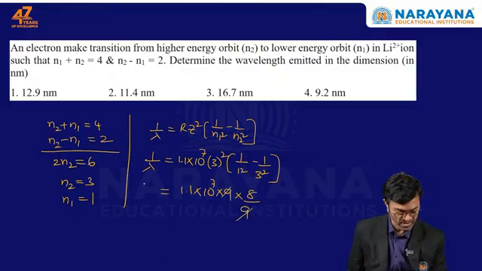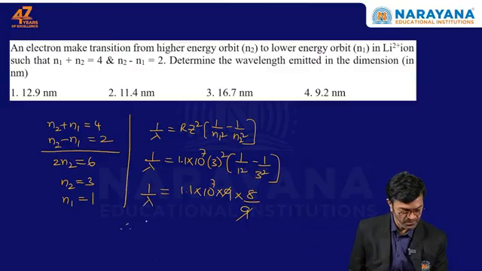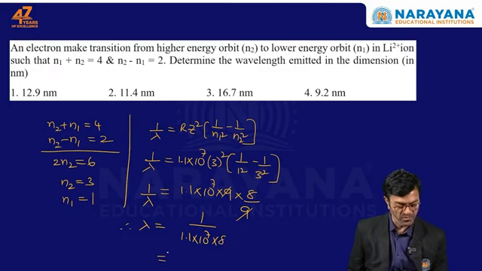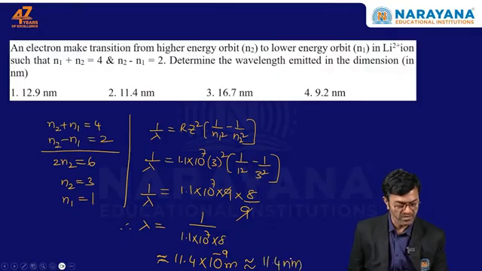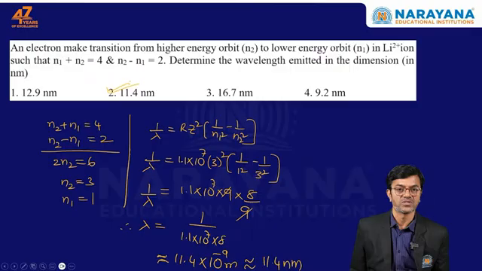So the 9s get cancelled. This is 1 by lambda, and we need lambda. So lambda is equal to 1 upon 1.1 into 10 to the power of 7 into 8, which comes out to be approximately 11.4 into 10 to the power of minus 9 meters. That means 11.4 nanometers. So our answer will be option 2.